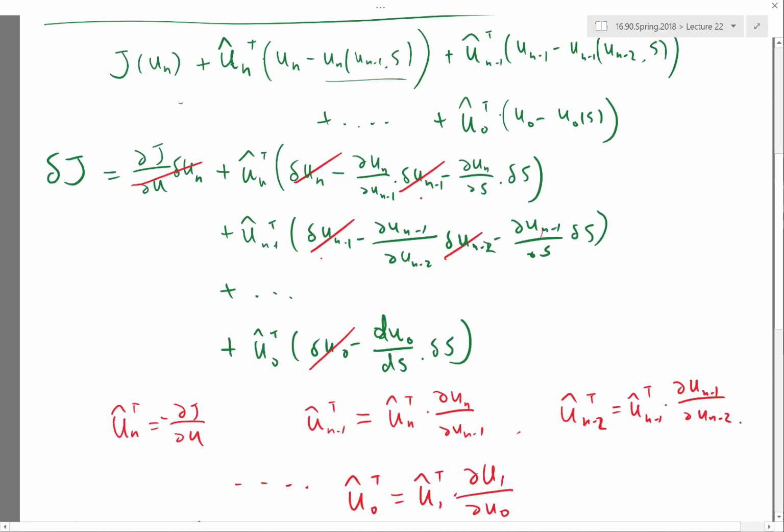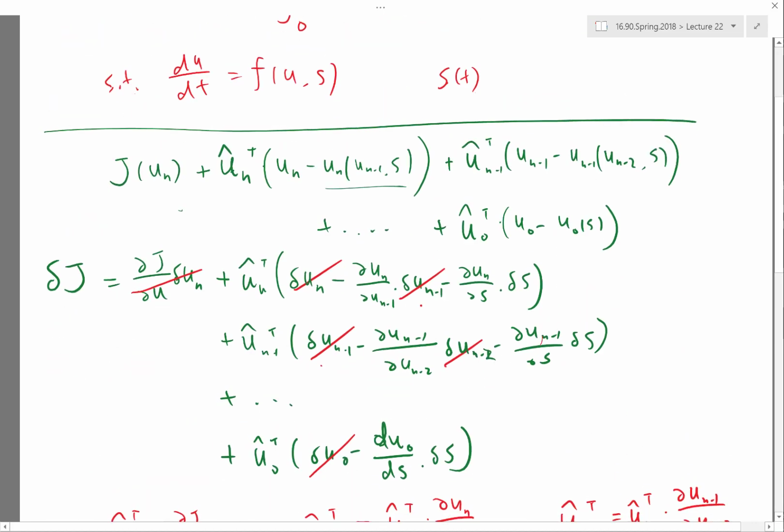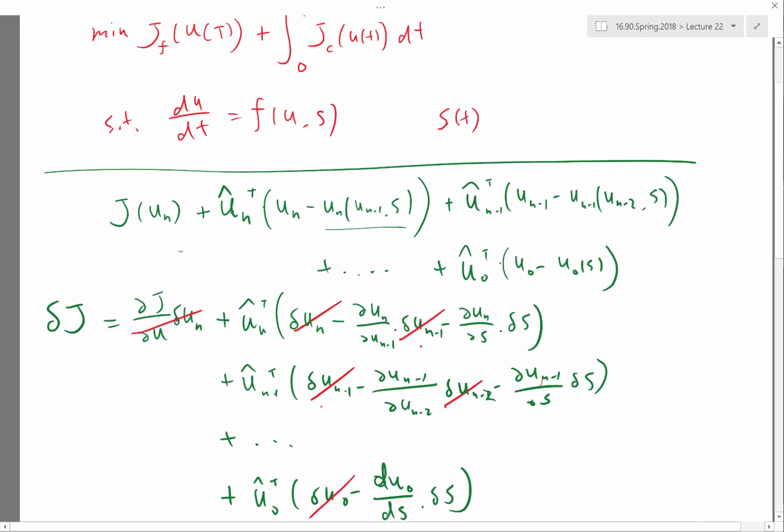Now, instead of adding all of these constraints from each step, I need to add the constraint of the differential equation, right? In the discrete case, my constraints are all of these discrete steps. Here my constraint is this differential equation. So how do I add in the differential equation constraint?